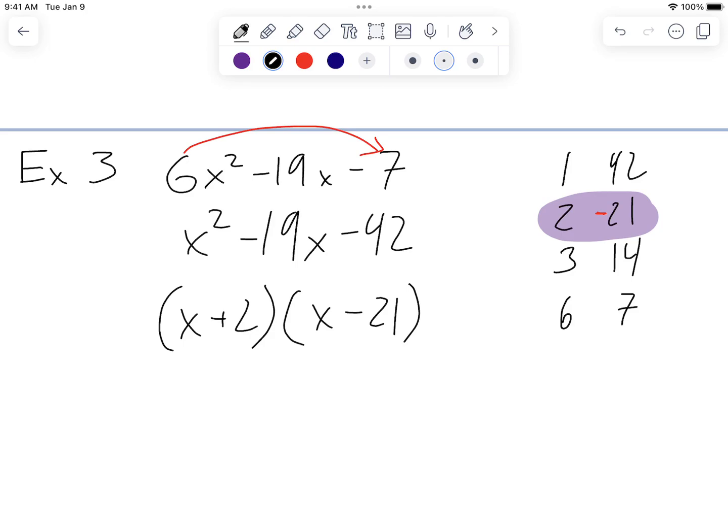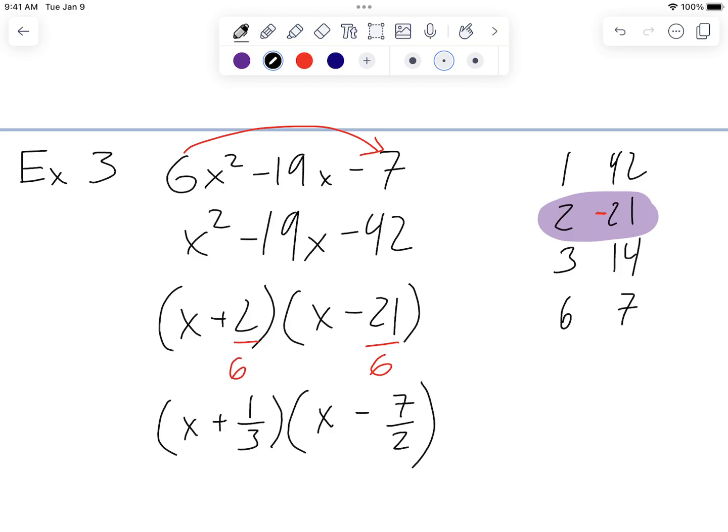Now we're going to divide by the 6 and reduce our fractions. So the 2 over 6, that reduces. They're both divisible by 2, so that reduces to 1/3. And then 21 over 6, they're both divisible by 3, so that goes to a minus 7 over 2.